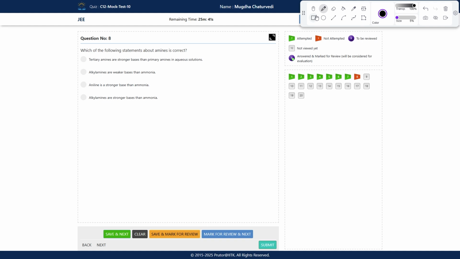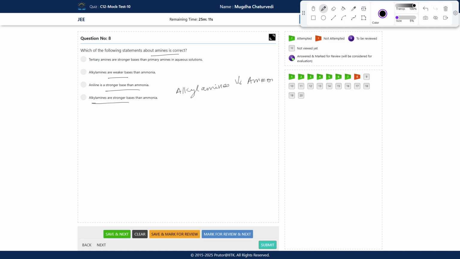The next question is saying, which of the following statements about amines is correct? So it is asking for the correct statement. It is written: alkyl amines are weaker bases than ammonia, alkyl amines are stronger bases than ammonia, aniline is a stronger base than ammonia. First we will compare alkyl amines versus ammonia.